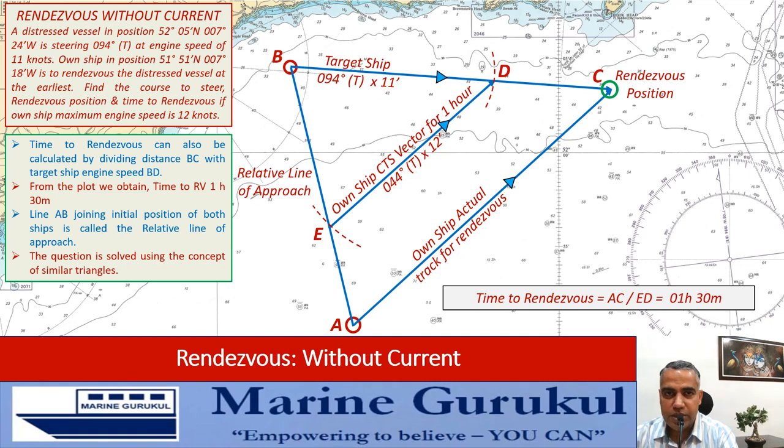The triangle ABC, Alpha Bravo Charlie, and the triangle EBD, Echo Bravo Delta, in our plot are similar triangles. The smaller triangle EBD is for 1 hour duration, and the bigger triangle ABC is for the full duration of the rendezvous. So with this, we finish off our first example and the concept of rendezvous without any current.